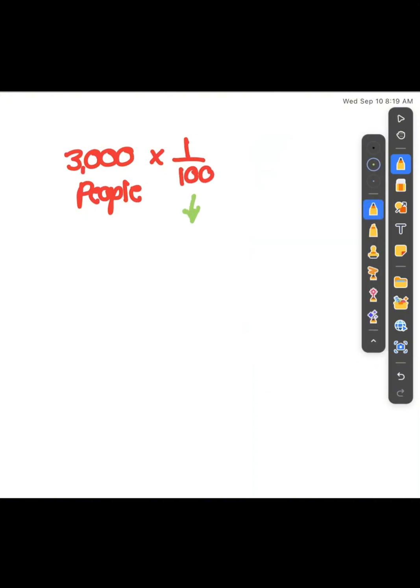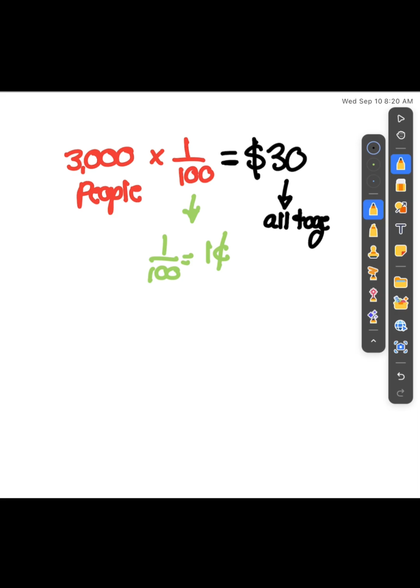So it's 3,000 people, but all they have is 1 penny apiece. 1/100th is just 1 cent. So if you have 3,000 people and they all have 1 penny, and you put all that money together, it's just $30. That's why when you multiply by a fraction, your answer is actually going to get smaller.